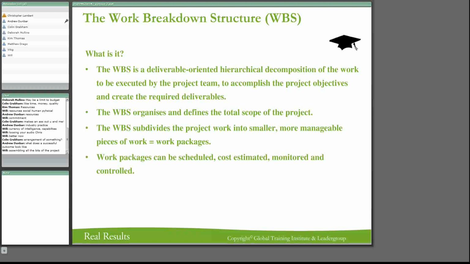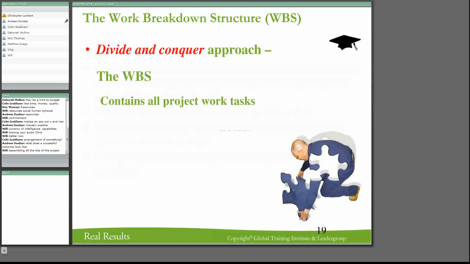We can actually see what happens if something goes over. We can see the critical path. But what we want to do is to get a work package down to a manageable and controllable entity. Okay, so that's the idea of work breakdown. It's an idea of divide and conquer, right? Divide and conquer.